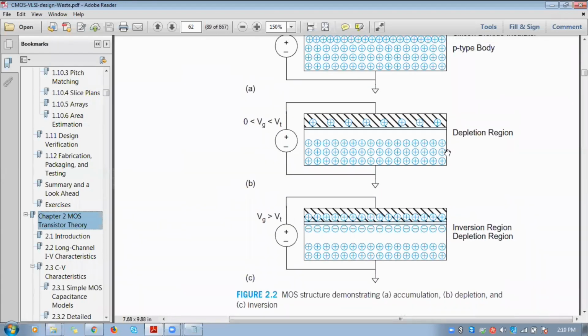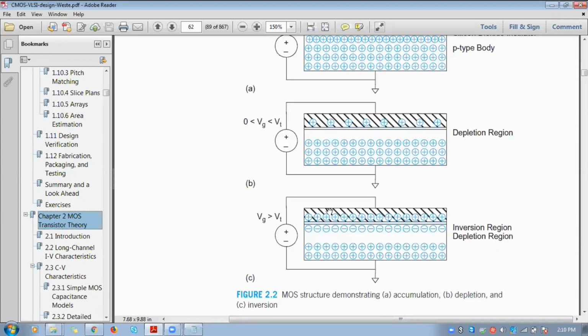In this inversion region, the channel is going to form between source and drain. So if you want to activate the transistor in the linear region or in the saturation region, we have to satisfy this condition first. We have to make the gate voltage greater than the threshold voltage. Then only the channel will form. After that, by varying the potential between drain and source, we can make the electrons transit from source to drain.